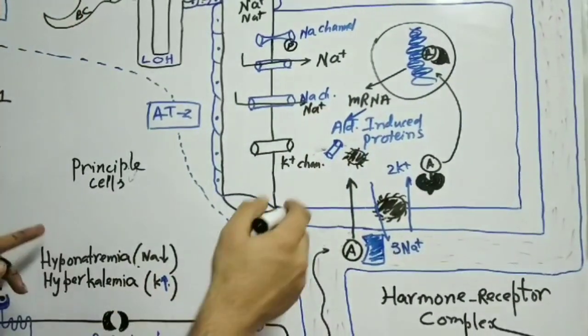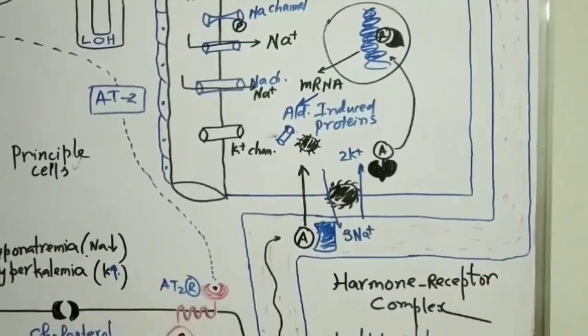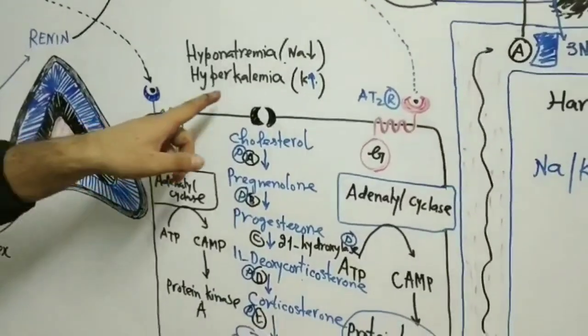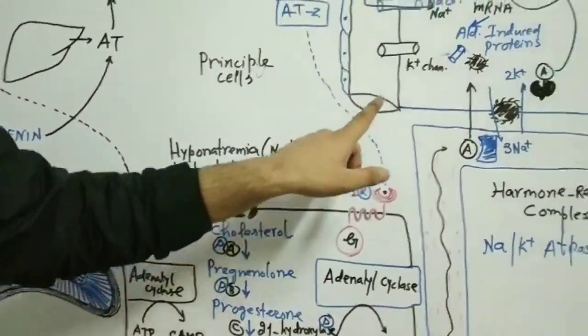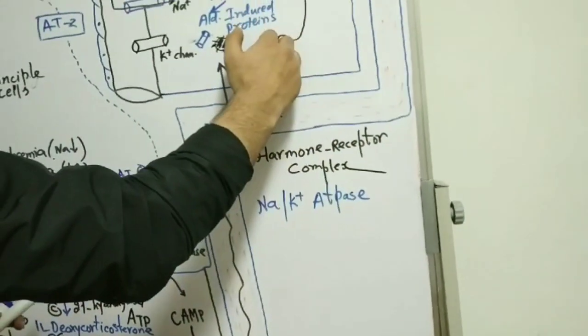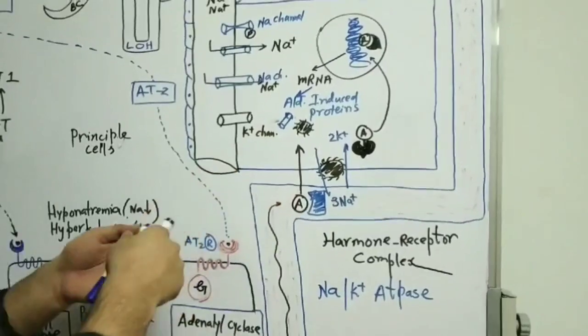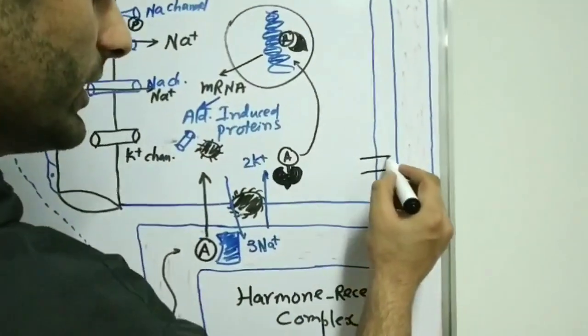Okay, now what is the potassium channel going to do? As I already told you, there is the hyperkalemia. Now from the blood, the potassium will enter into the cell. There will be potassium channels also here.